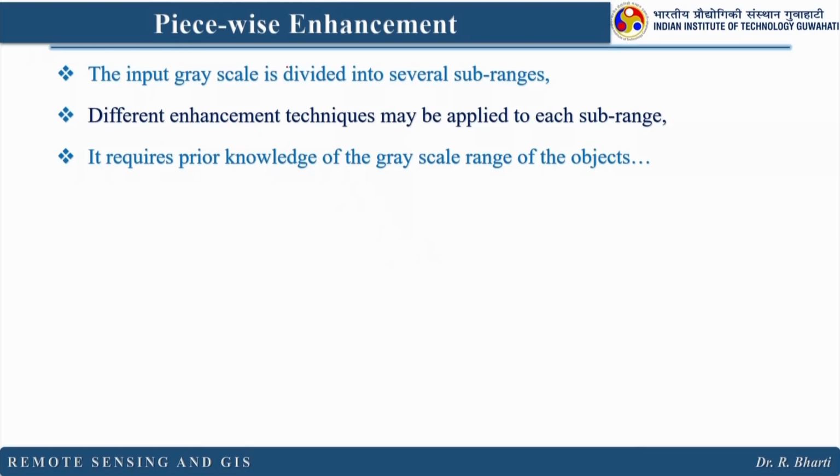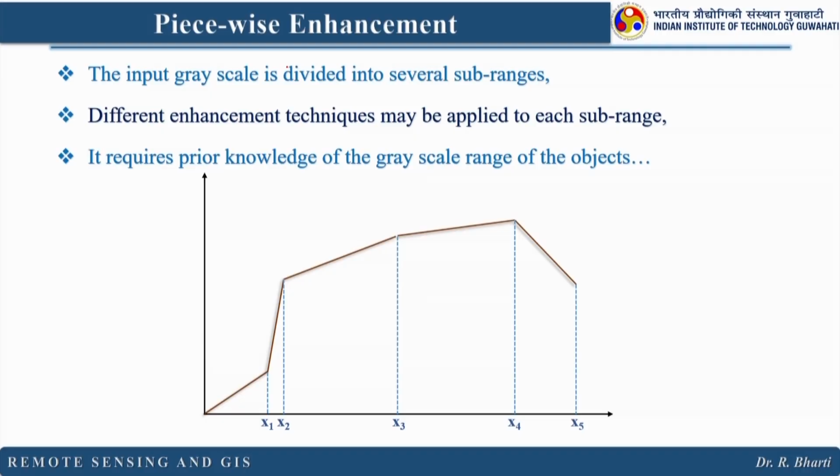Now, let us see piecewise enhancement. The image gray levels or image gray scale is divided into several sub ranges. How can we do this? By using the histogram. Different enhancement techniques may be applied to each sub range. It requires prior knowledge of the gray levels of the object.